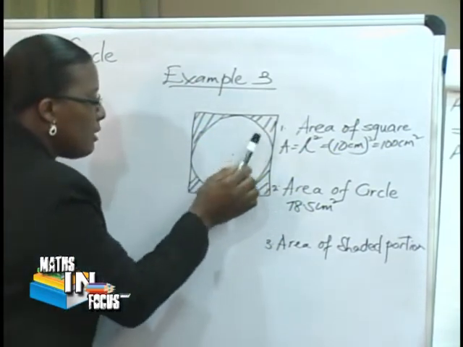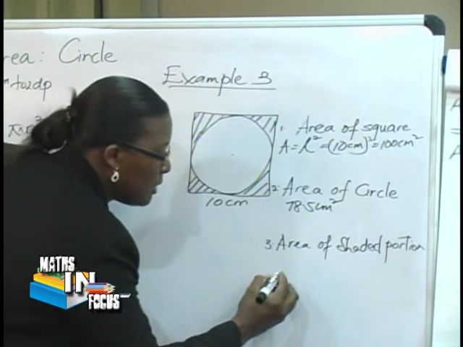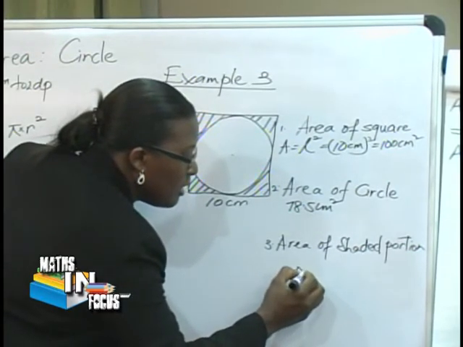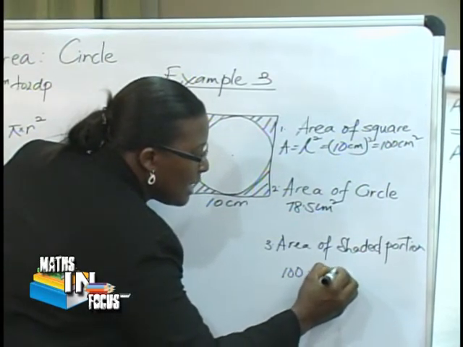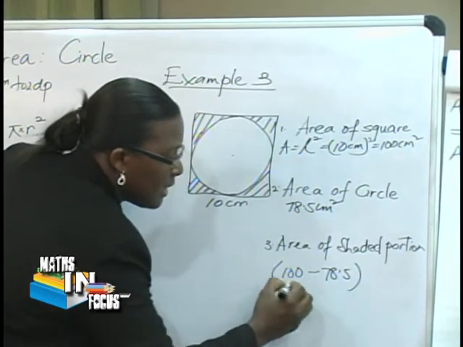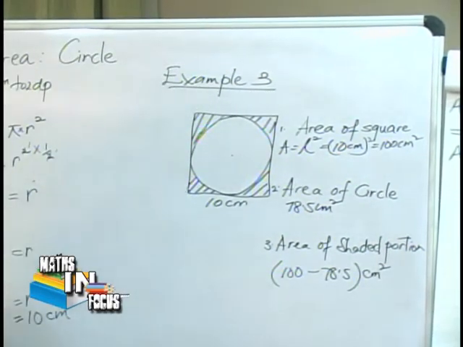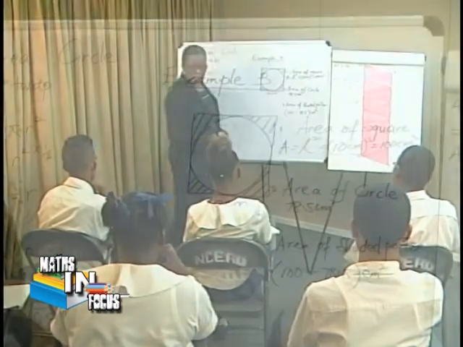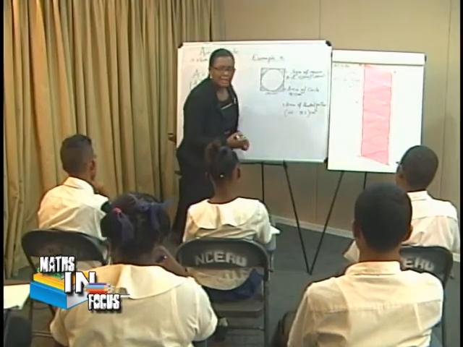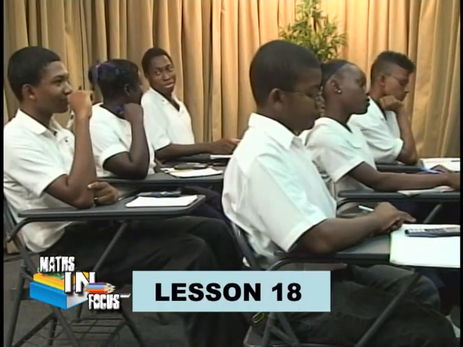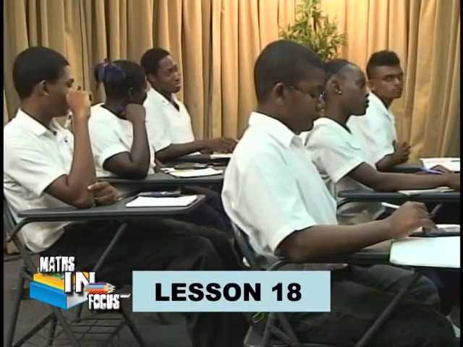Therefore, the remainder, which is shaded, would be 100 take away 78.5, and it's cm squared. And when we take 78.5 from 100, what are we left with? 21.5. I didn't hear that. 21.5. 21.5 cm squared.